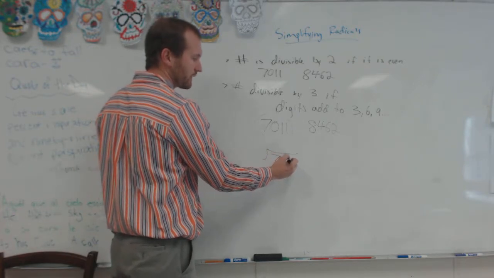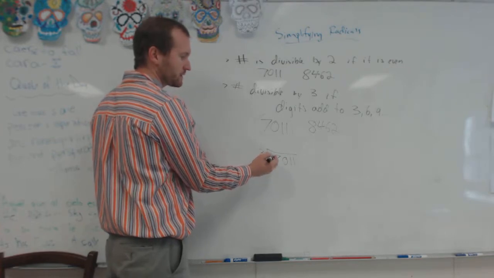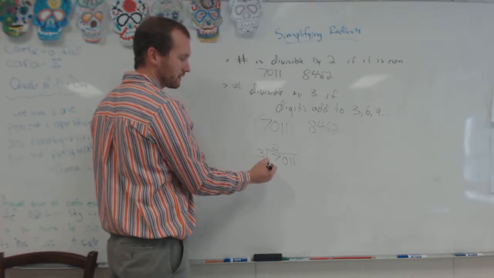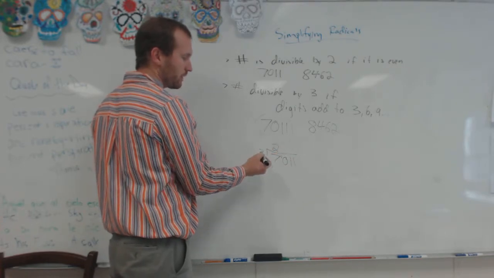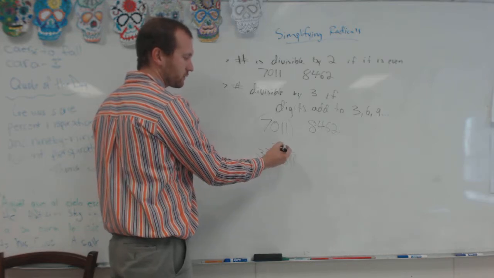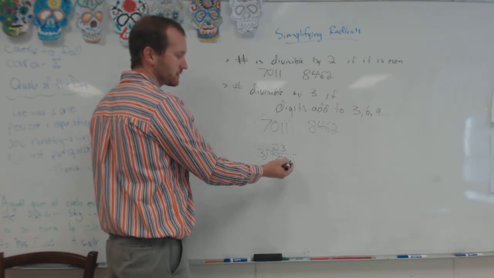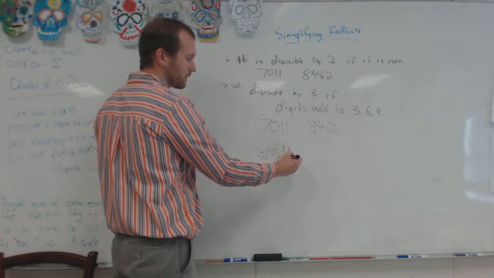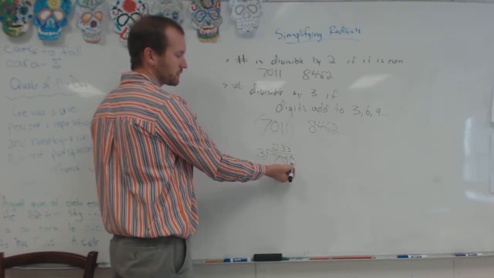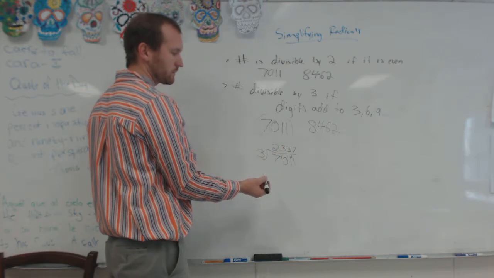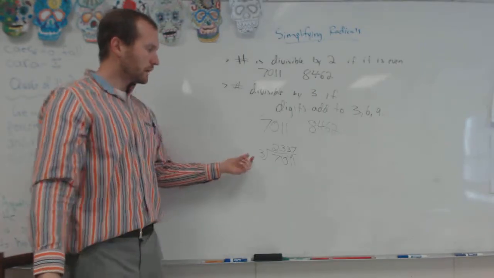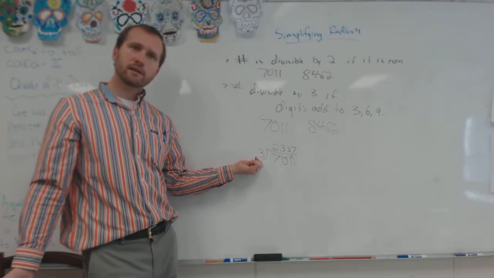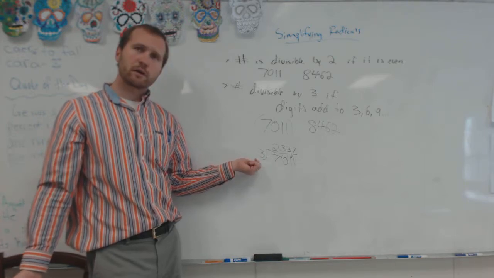And let's just prove that that's true. 3 goes into 7 twice, with a remainder of 1. 3 goes into 10 3 times. 3 goes into 11 3 times, with 2 left over. 3 goes into 21 7 times. And so I figured out that this number was divisible by 3.